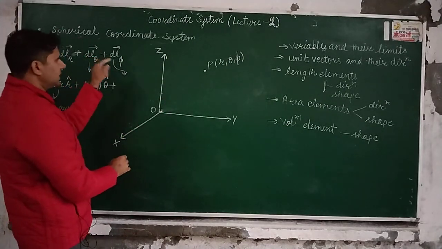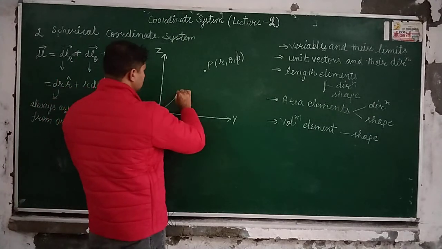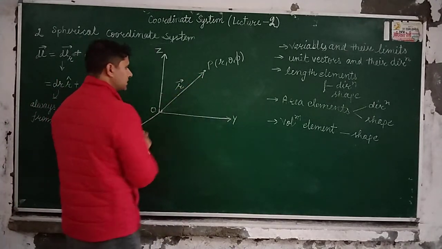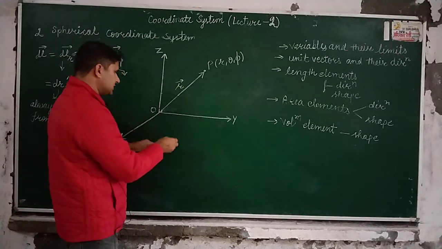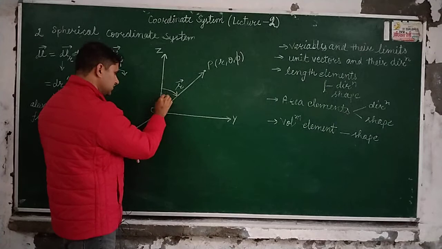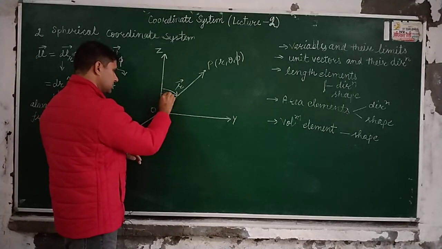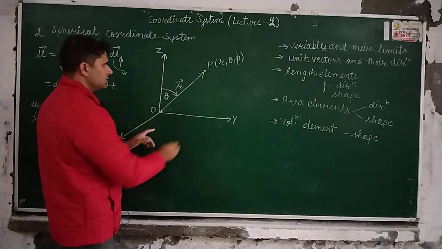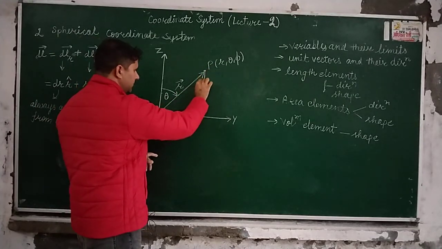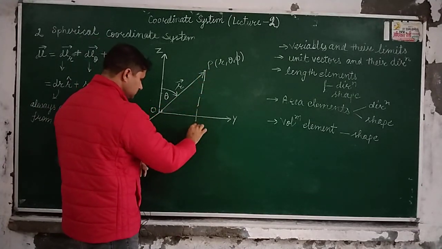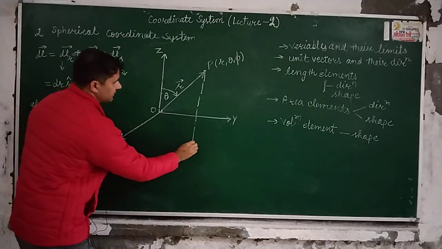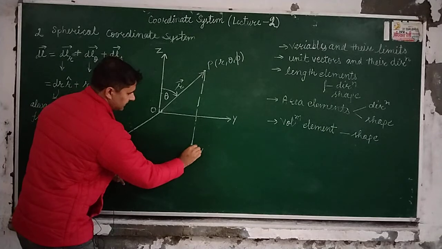This is vector r, making angle theta with the z direction, and its projection in the xy plane is p dash.